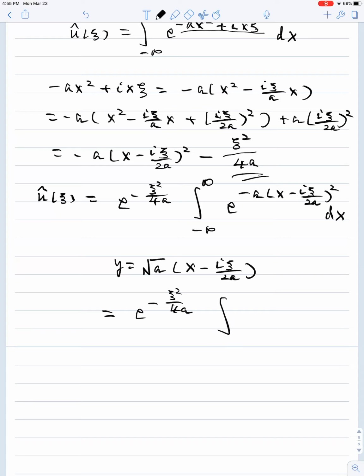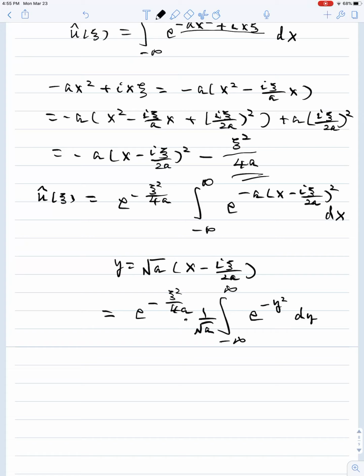After the substitution, when x is negative infinity, y will be negative infinity, but I will explain this a little bit later. So this would be the integral of e to the negative y squared dy, and then we need the square root of 1 over a here.